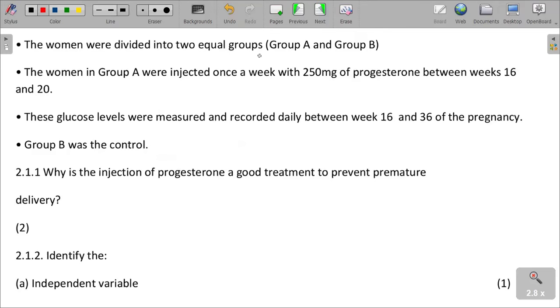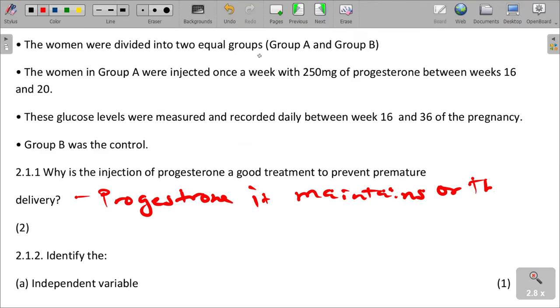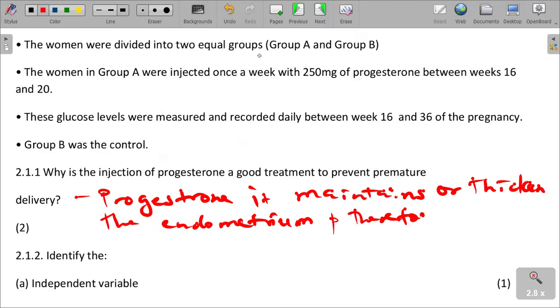So what happens is progesterone maintains or thickens the endometrium, and therefore helps to keep the pregnancy.